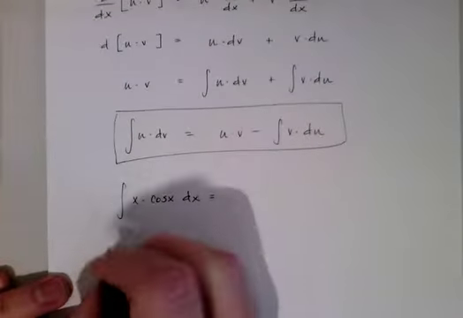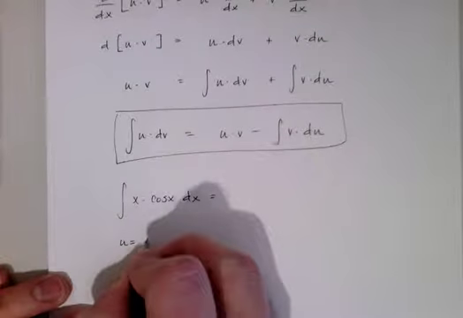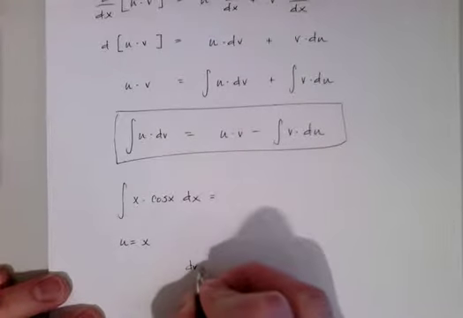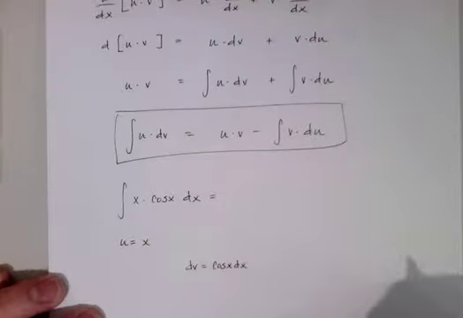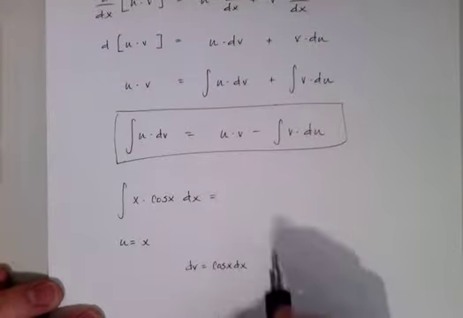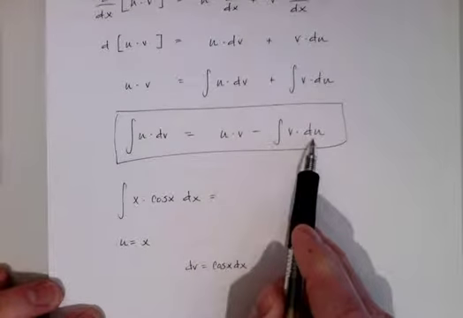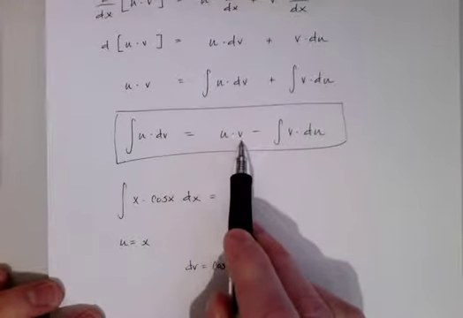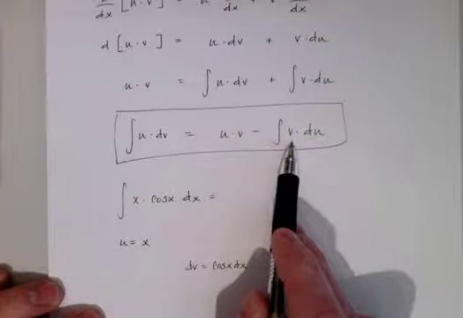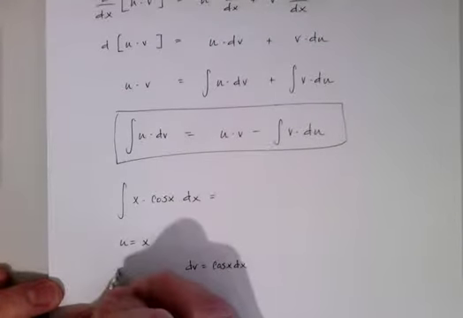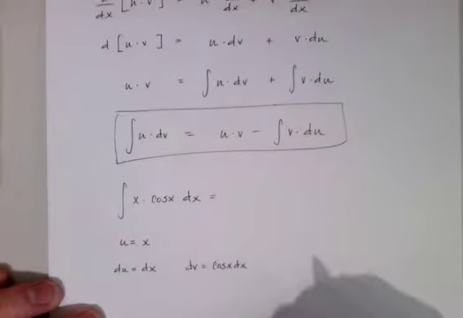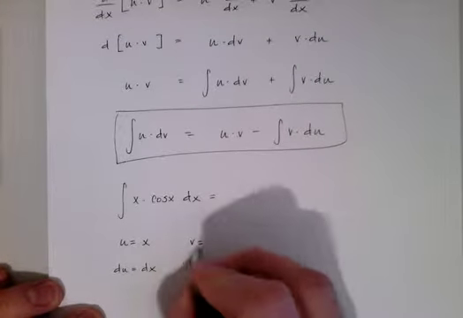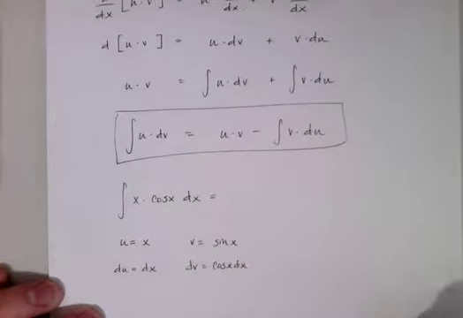We're going to designate u as x and dv as cosine x dx. Well, I also need du and I need v in order to actually change the form of this integral. Okay? So I know that if I take the derivative of u equal to x, I get du equal to dx. That's easy enough. And if I anti-differentiate dv, I'm going to get sine x.